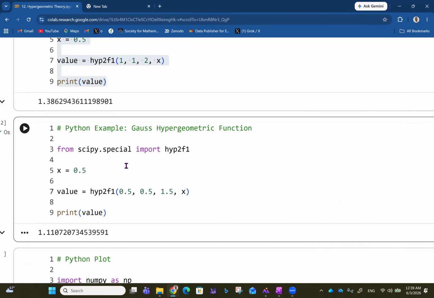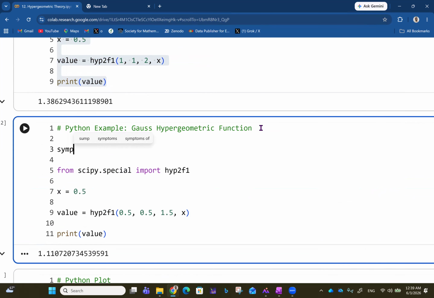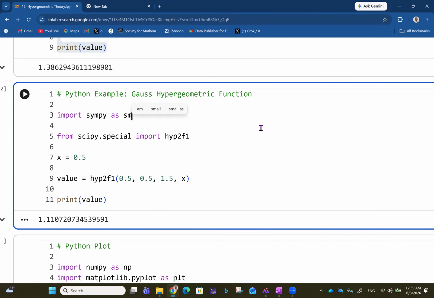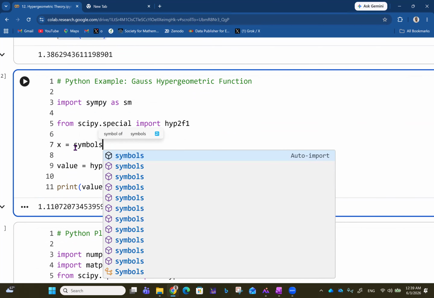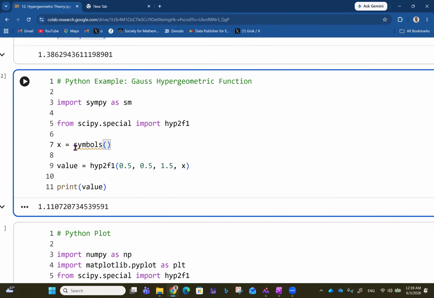So we have this. What if I want to use SymPy now? Let me try if I can do SymPy here. I have to import sympy as sm. Then I declare my variable, x is equal to symbols.